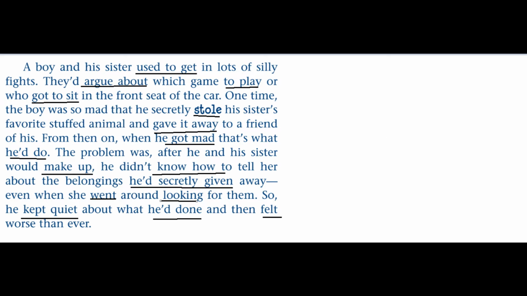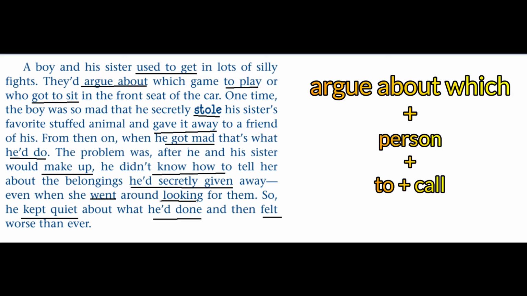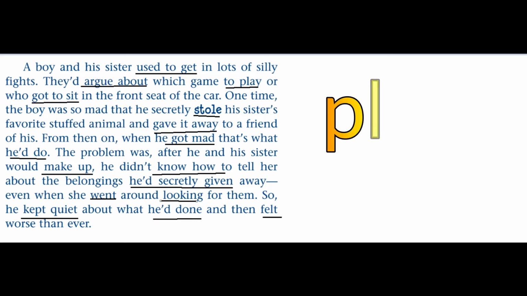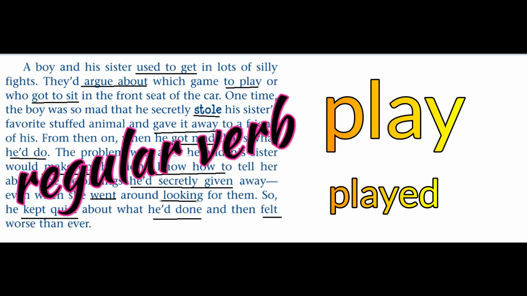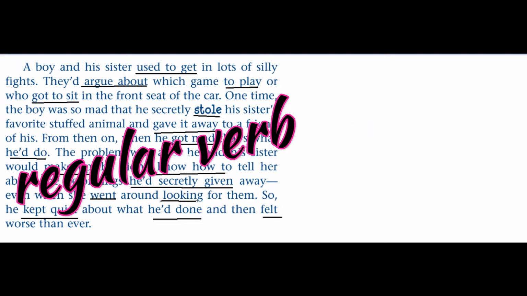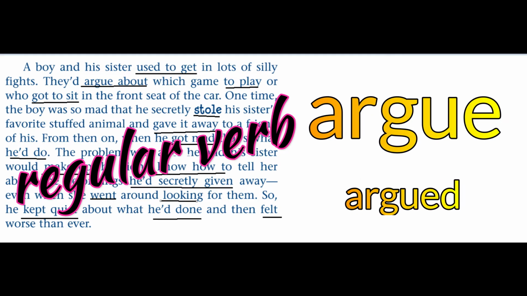Argue about which person to call. And so on. The past tense of play is played. So that should tell you that this is not an irregular verb. And argue is also a verb, and it's a regular verb, right? Because past tense is argued.